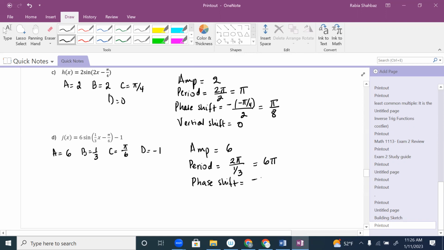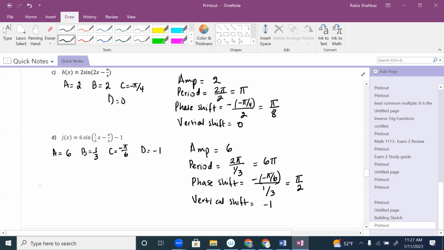will be negative times a negative pi over 6. Negative times a negative pi over 6 over 1/3 becomes pi over 2. And our vertical shift is -1.